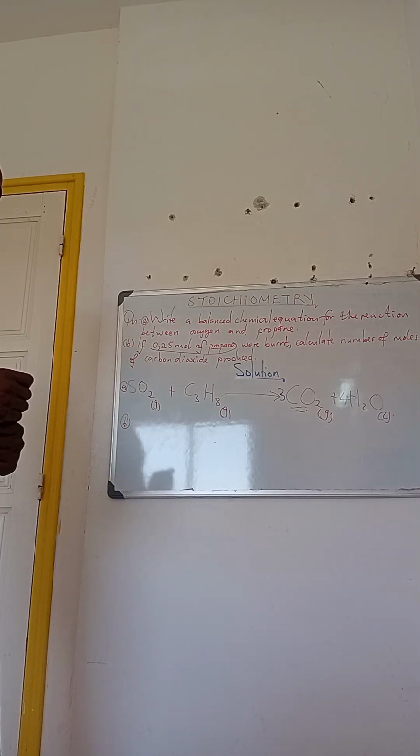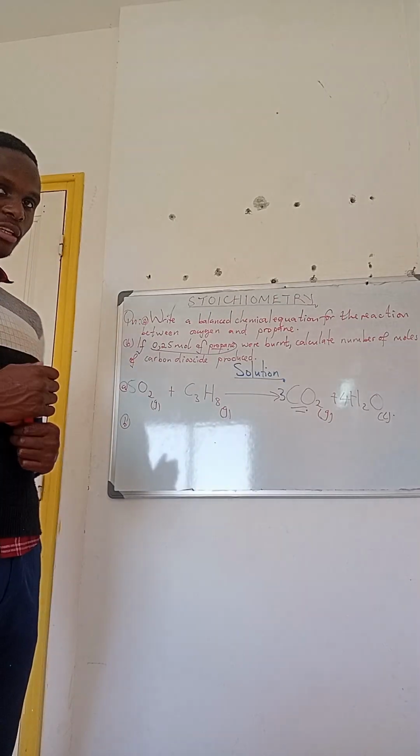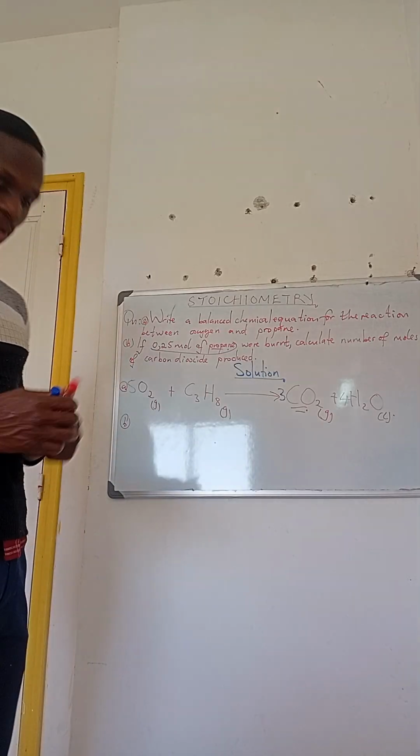So we can use the stoichiometry ratios to find the quantity of carbon dioxide produced.